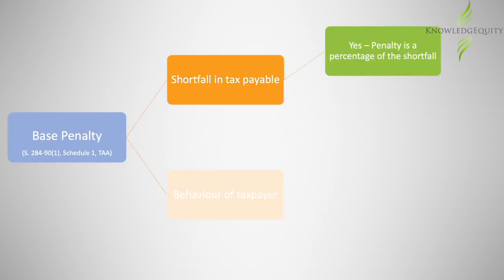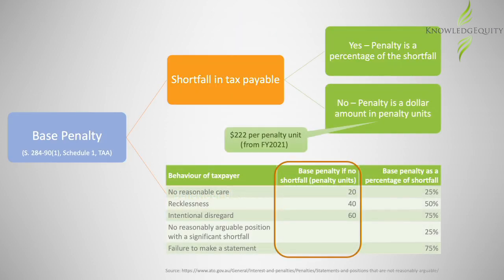However, in some situations, a misstatement might not lead to a shortfall. For instance, a taxpayer might claim a false deduction where doing so increases the size of their loss and so does not directly affect the tax payable for the relevant year. Where there is no shortfall, the base penalty will be a dollar amount, calculated in terms of penalty units, the value of which can change over time.